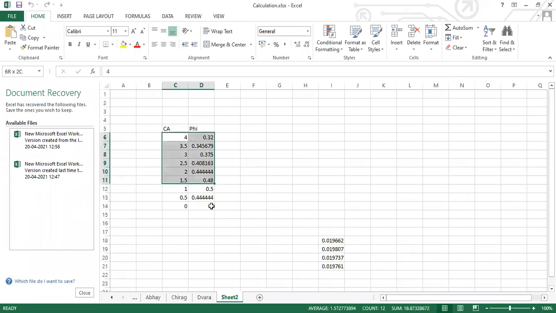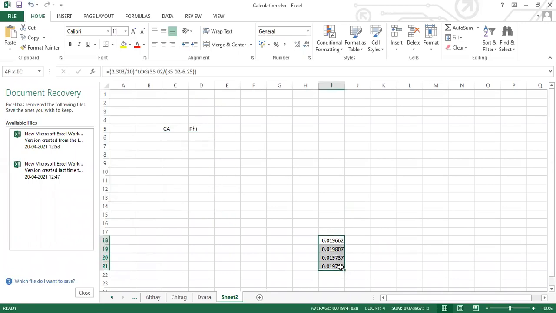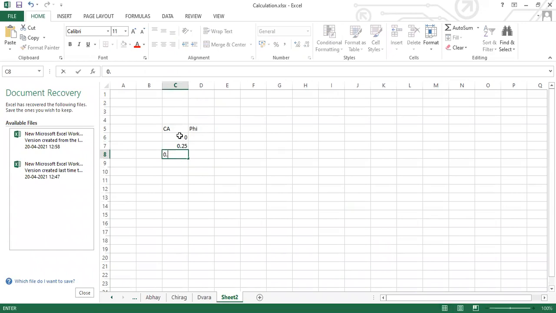CA versus psi. CA is equal to 0, 0.25, 0.5, 1, 1.5, 2.